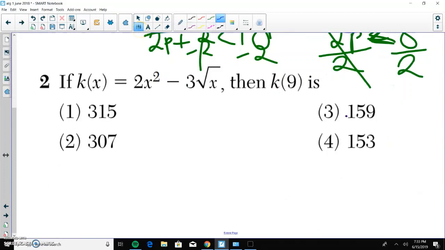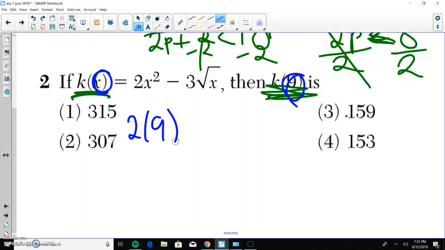Okay, number 2. If k of x equals 2x squared minus 3 root x, then k of 9 is... So for this one, you want to plug in 9 for x, because you see where x is in here, 9 is there. Always put parentheses when you're plugging in something.